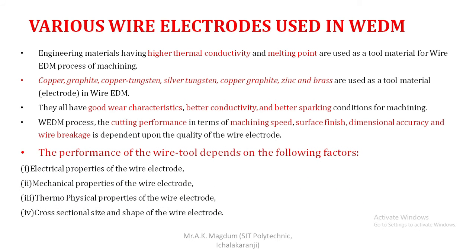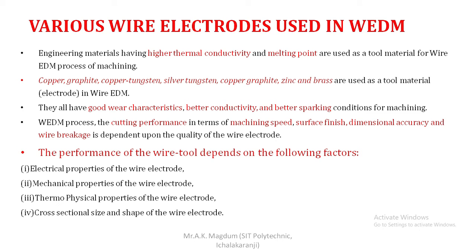Next, the performance of a wire tool depends on the following factors. First of all, the electrical properties of the wire electrode. That is a very important property required in the wire electrode itself. Next, the mechanical properties of the wire electrode. That is the second important property required, because this wire is under tension, so some mechanical properties must definitely be present in the wire.